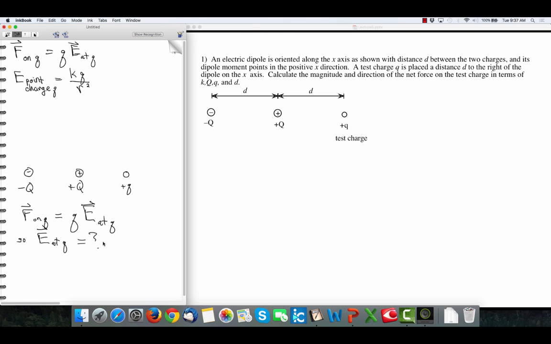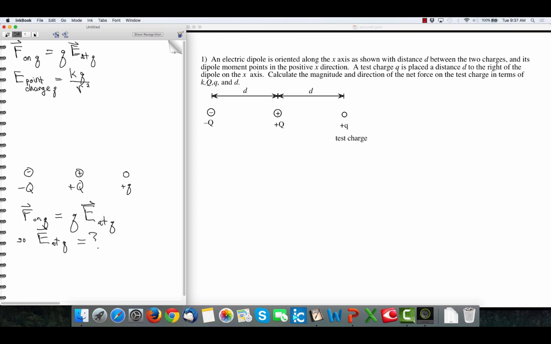Since the question is the magnitude of the force on this test charge plus q, the way I'd like you to think about that is that the force on this test charge is just the charge itself times the electric field at that location. And the reason is that I'd like you to think about how to find total electric field somewhere. And so this will force you to do that.